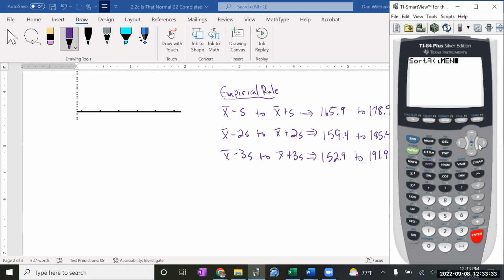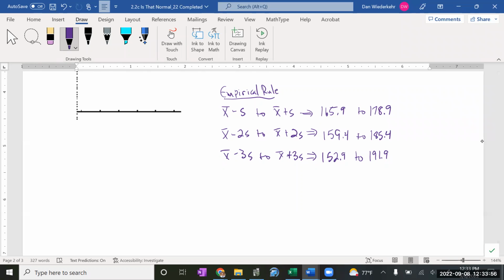It'll put that data in ascending order. So when you go to stat, edit, it'll go from least to greatest. Or the easiest way here is let's just look at the heights of these bars. So the middle 2 bars are 19 and 19. So that's 38 out of 57.